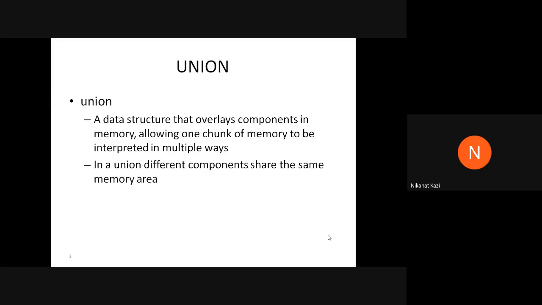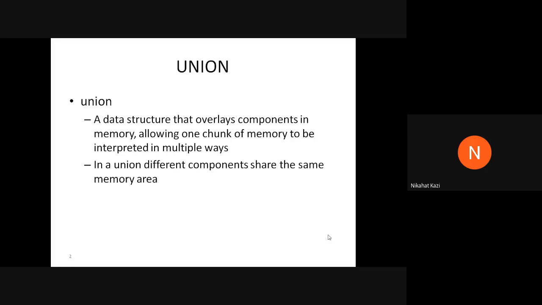Suppose you say u.A equal to something, then u.C equal to something, and then u.B equal to something. Then only B's value is recognized. Whatever value you saved last will be saved in the union's memory area.